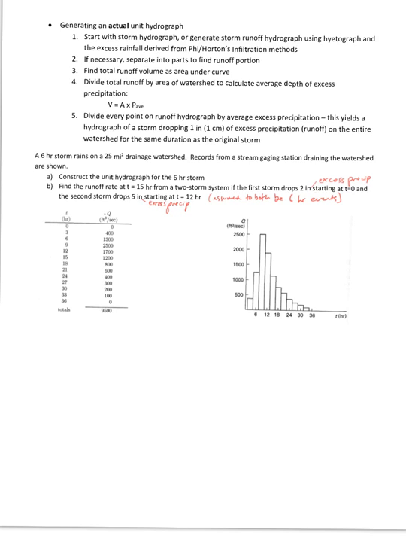So we're already at step 3, find the total runoff volume as the area under the curve. So I'm basically calculating the area of all of these rectangles in the hydrograph on the right.